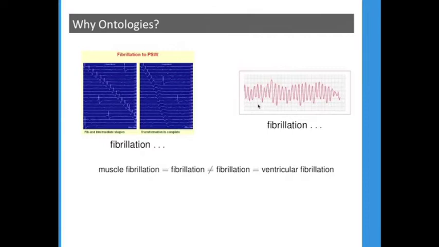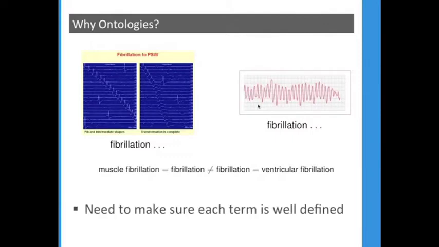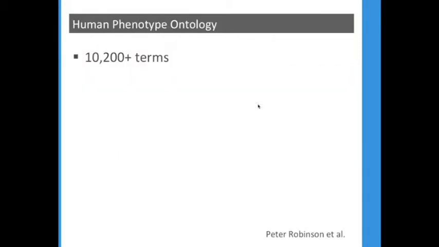To answer this, what we've done is leverage ontologies. Ontologies are basically connections between concepts and terms. They help describe things like fibrillations: there are two possible fibrillations, muscle fibrillation or ventricular fibrillation, and they're not the same thing. They also help define each term well and build relationships between terms.